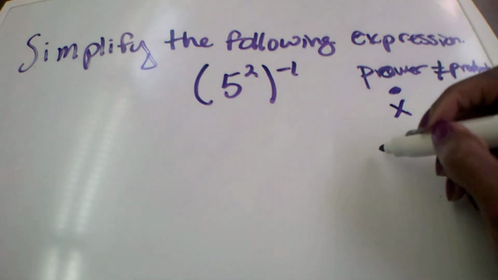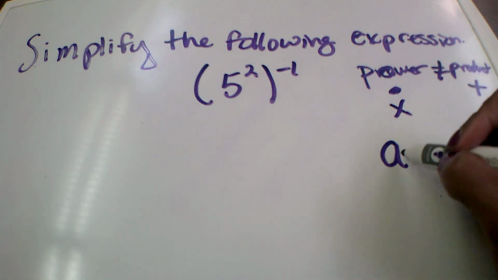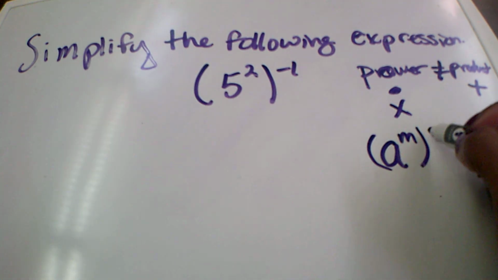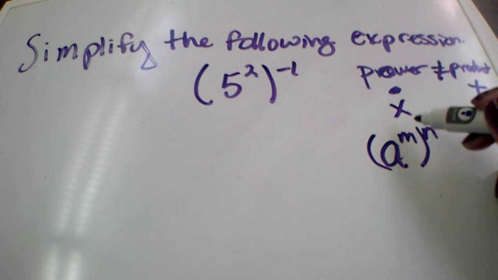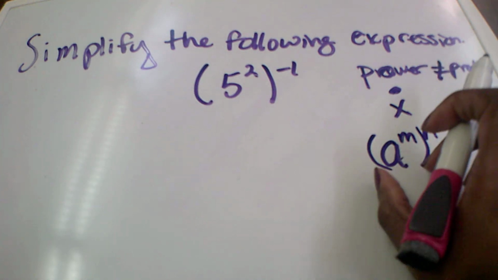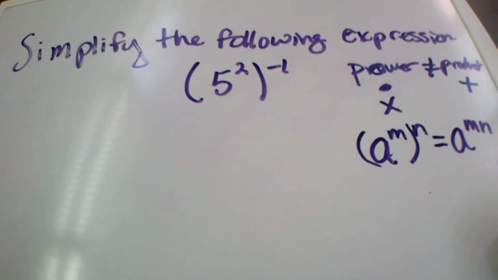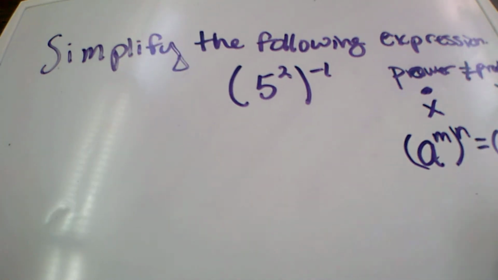So the rule says for power, when we have a base to a power, you have these parentheses here, and then you have this section to another power, we want to multiply the exponents. So that's what we have going on here.